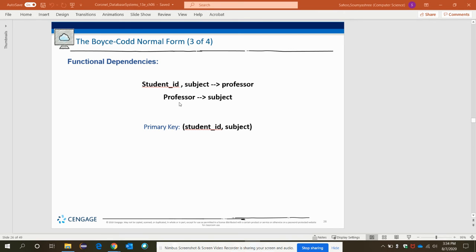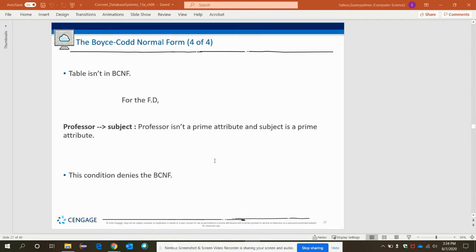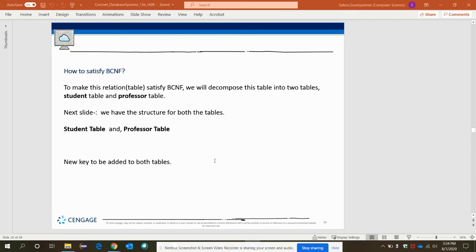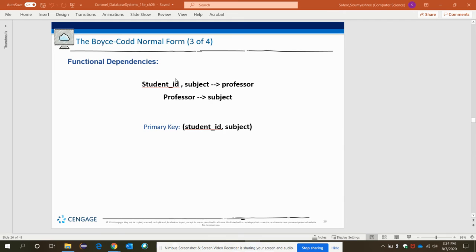Professor isn't a prime attribute, but subject is a prime attribute; subject is a part of the primary key. So this discards our BCNF rule and denies BCNF. How do we make the relation satisfy BCNF now? We have to break the table, based on these two functional dependencies.